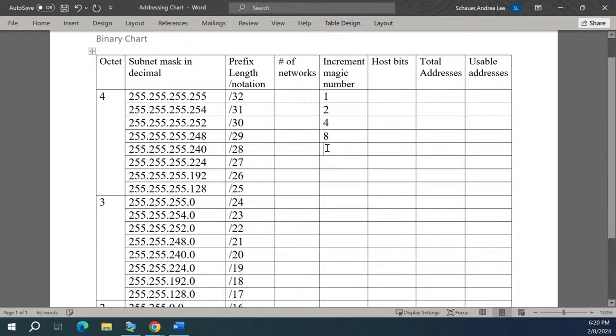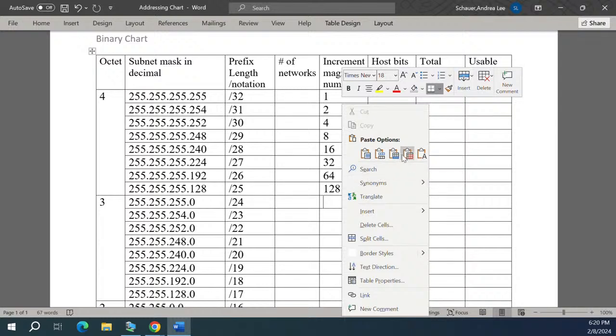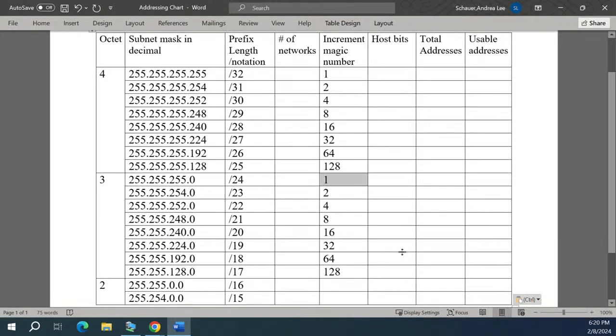And 240? And 224? And 192? And 128? 128, right? And what are these increments going to do? They're going to repeat. So let's just pop that in here. 1, 2. They're going to repeat. We're just plugging in all these things that we've been learning about, right?